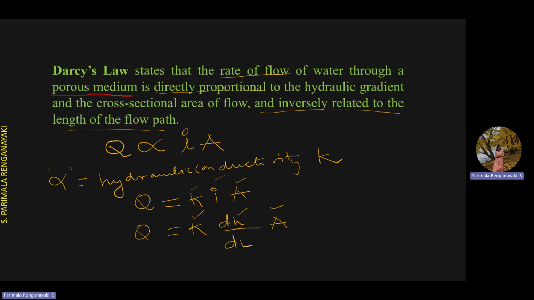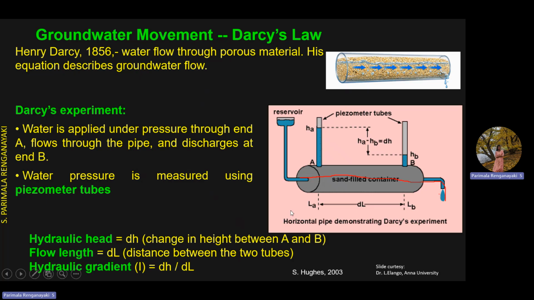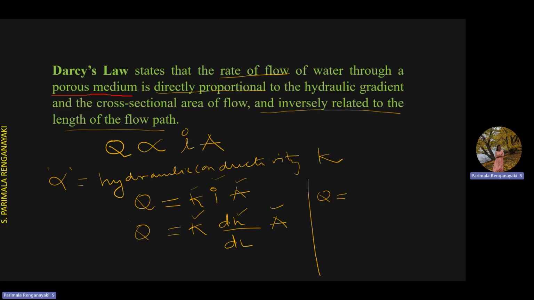Now let us understand how this discharge varies. You assume if our K is very high, maybe 50 meter per day, then the discharge coming out from the cylinder will also be high.